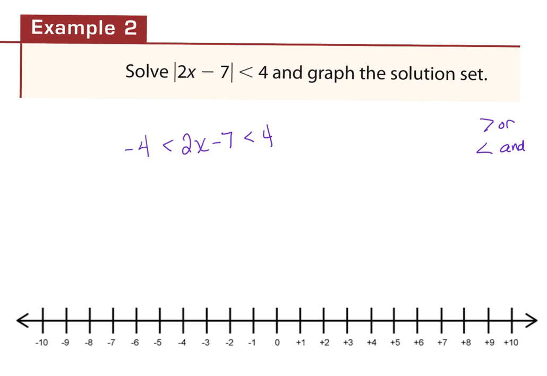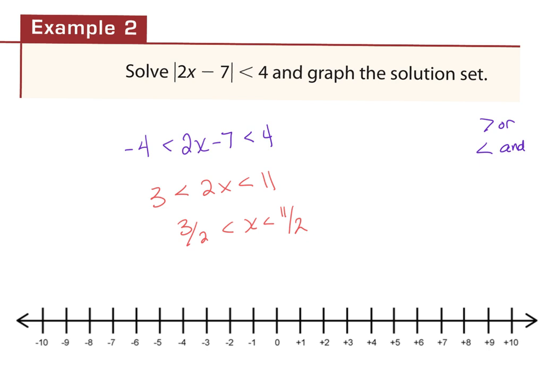And then you have a pretty basic problem: you're going to add that 7 to all sides here. And then you're going to divide everything by 2. And so you can see that you create this and problem with that less than.